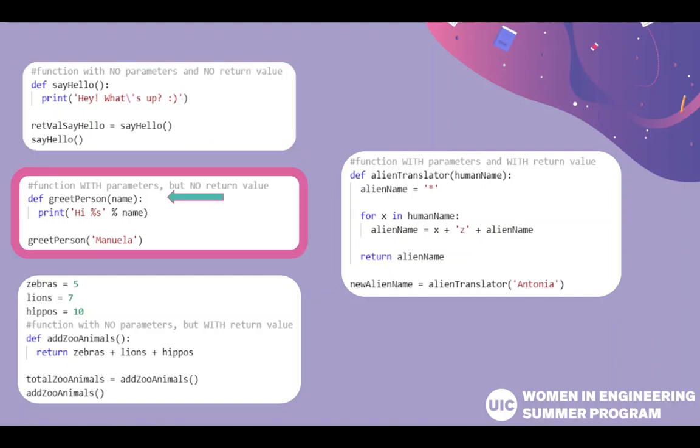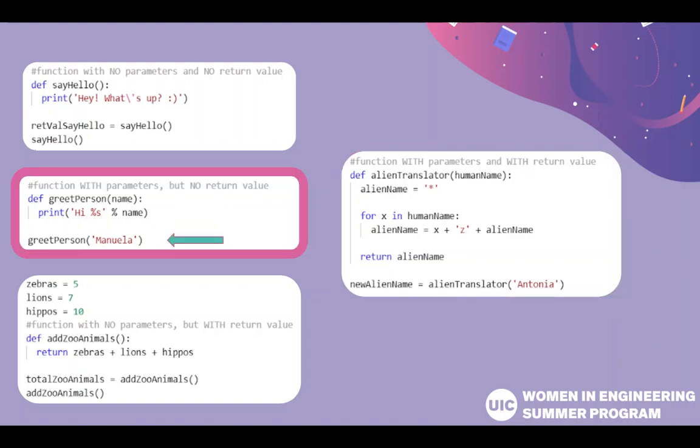Okay, so let's take a look at another type of function. And this function does have a parameter. That means that a parameter is a variable that holds what the person calling this function needs to provide for the function to work. In this case, for this function greet person, for it to work, you have to send it a name when you're calling it, so that when it is called, it's going to be printing hi and then the name that was provided.